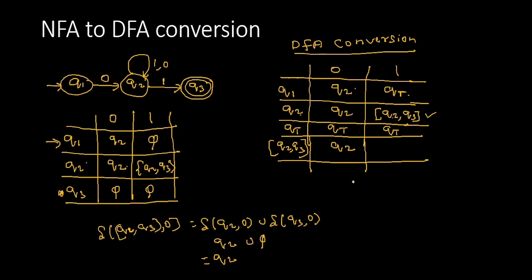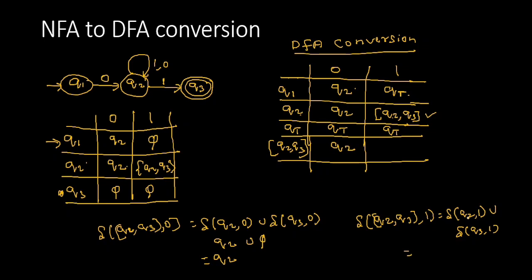Okay. Now we will go for the next one. In Q2, Q3 when 1 is applied, so what will be the output in this case? Delta of Q2 comma Q3, if 1 is applied, so we will give delta of Q2 comma 1 union of delta of Q3 comma 1.